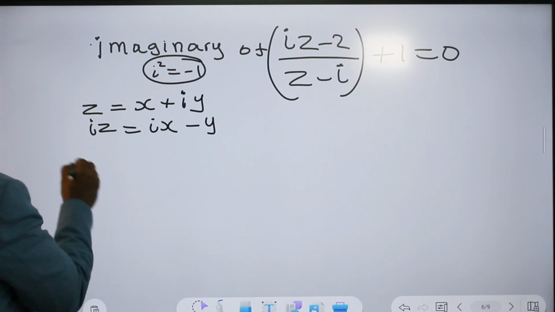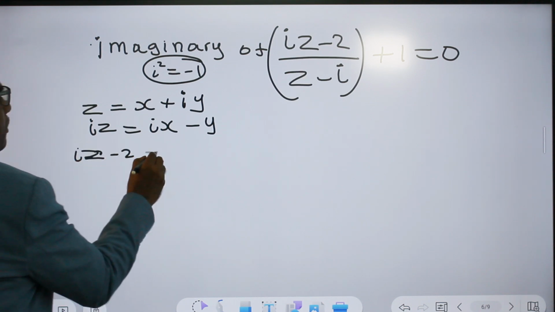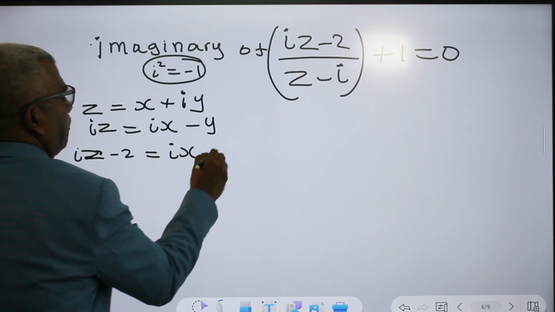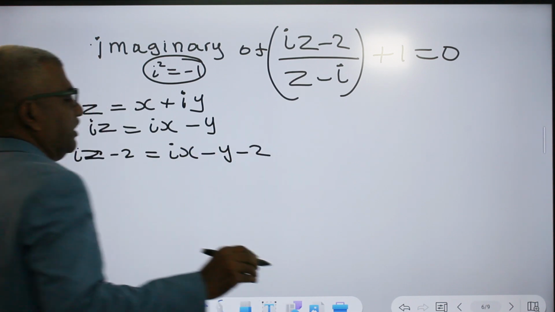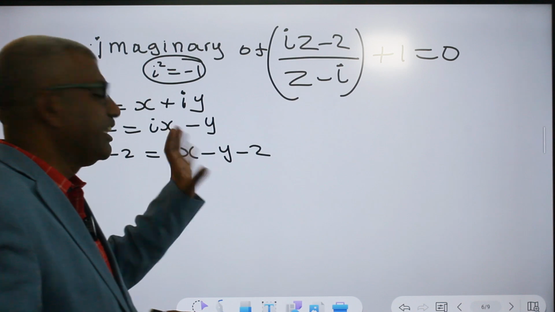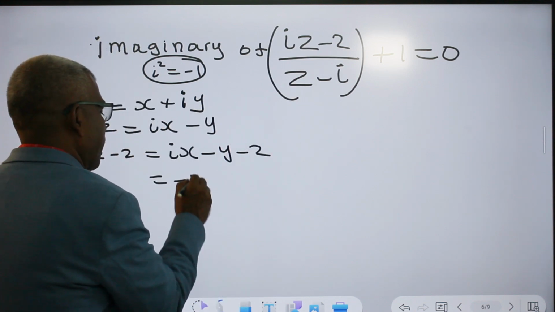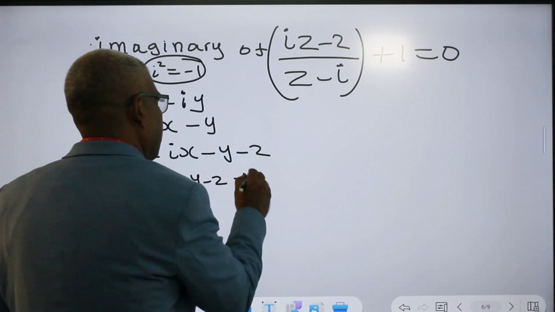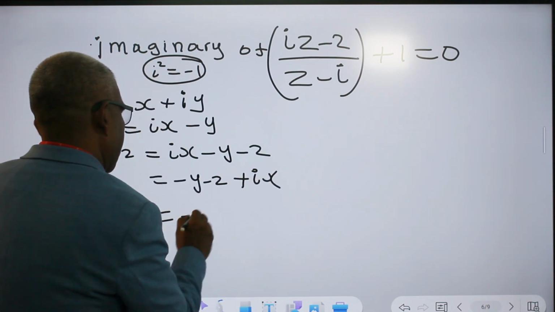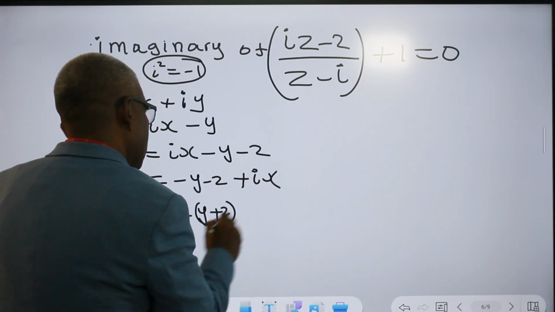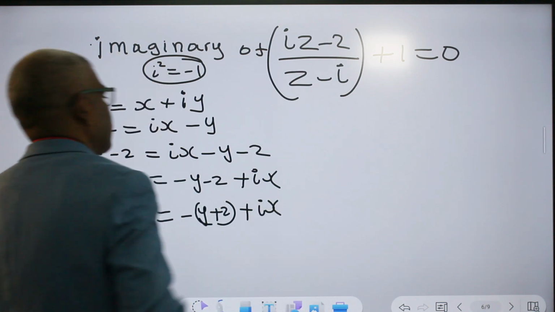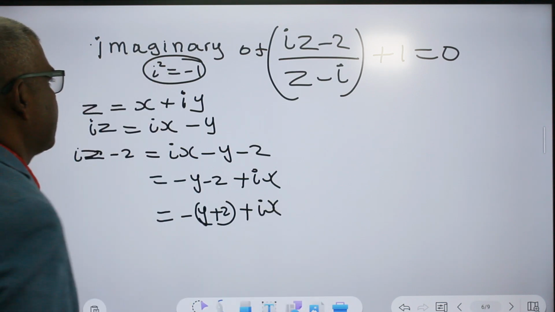Then iz minus 2 is ix minus y minus 2. Just rearrange it in a plus ib format. Real part is minus y minus 2, imaginary part is x. So minus y plus 2 plus ix over... Succeeded.